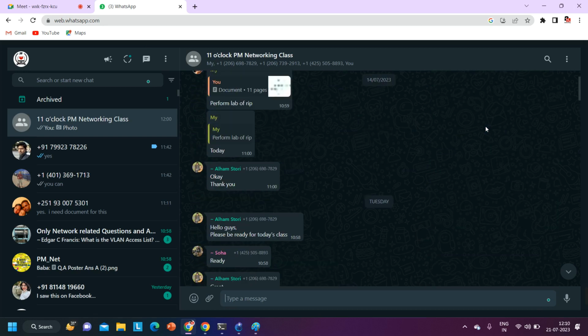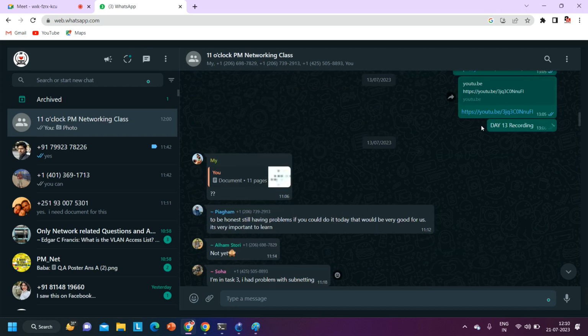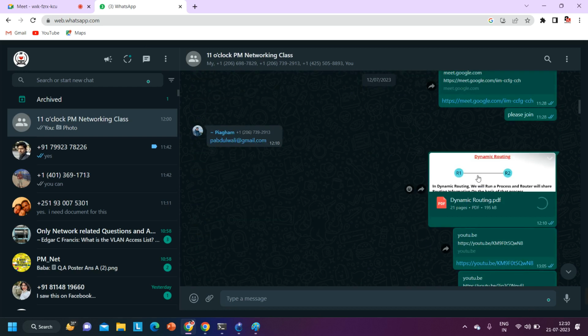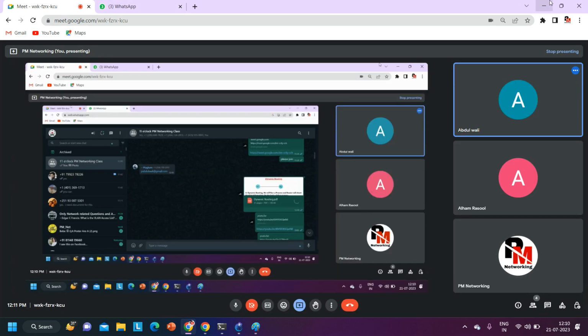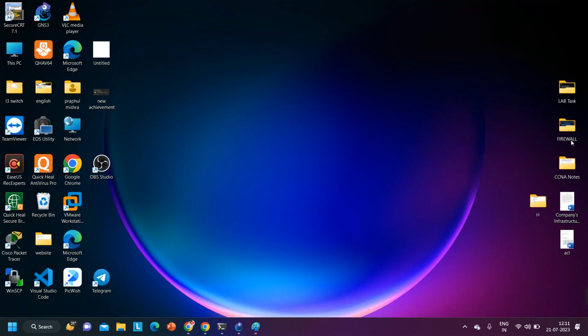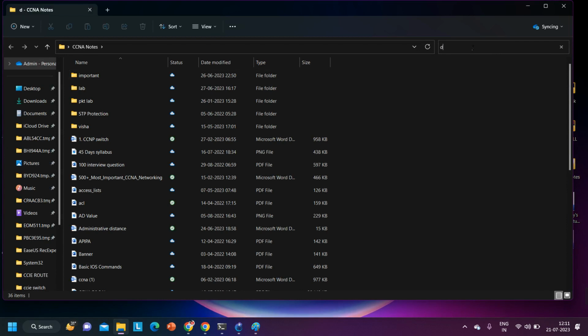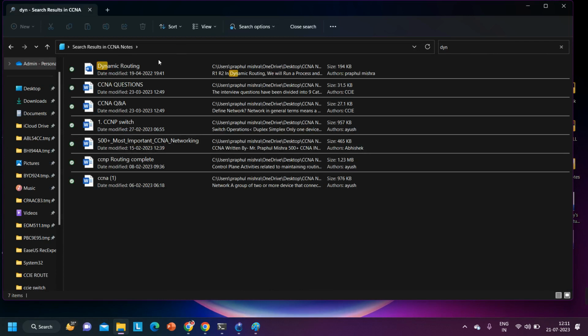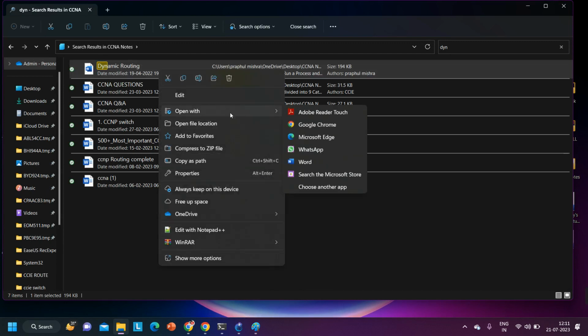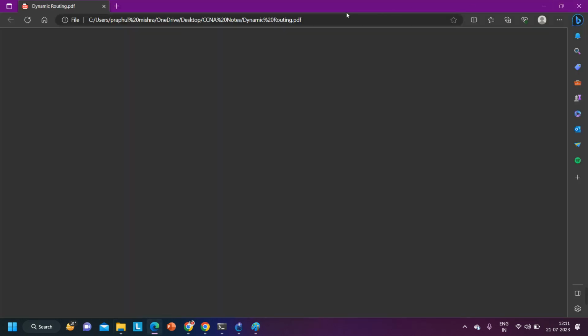I'll tell you after finishing the topic; like I have finished EIGRP, and now I am telling you what things you need to keep in mind in EIGRP. In this file we have everything mentioned in dynamic routing. Where is it? Dynamic routing, I think this one.